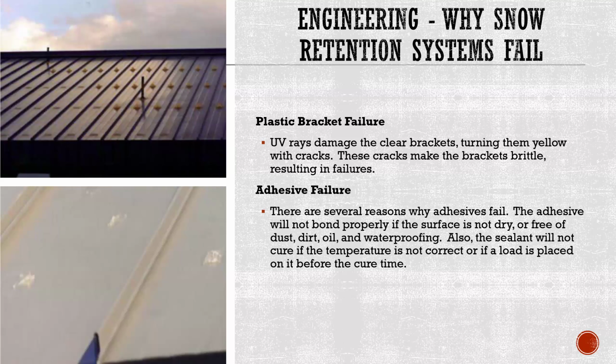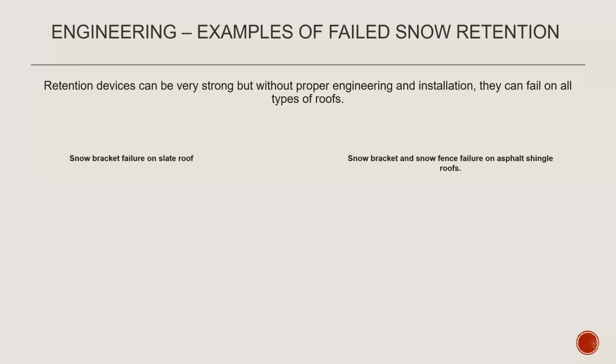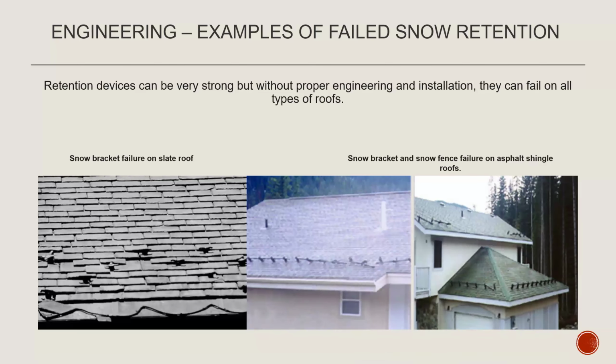You'll see the little Band-Aid marks all across the roof where they're missing, and usually they are laying in the flower beds after that first season. So this is the only thing that I can recommend against, beyond just placing snow brackets wherever you'd like. We recommend against partial installation and plastic snow brackets for sure.